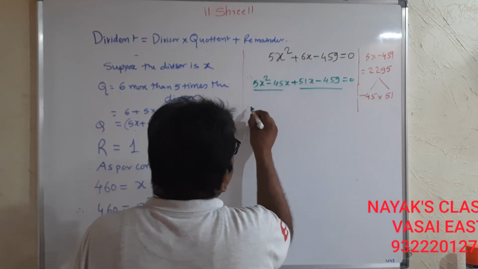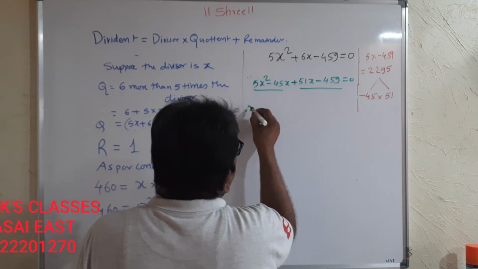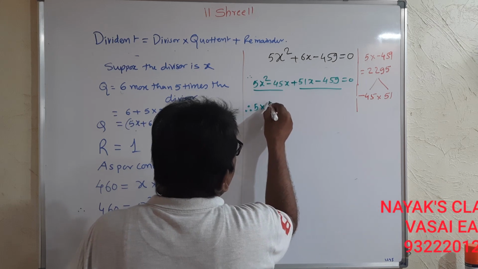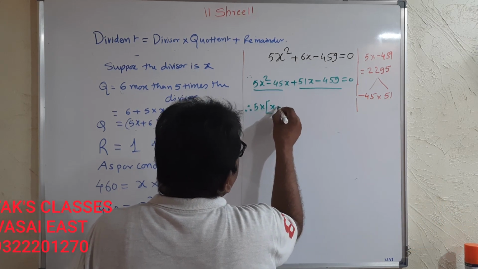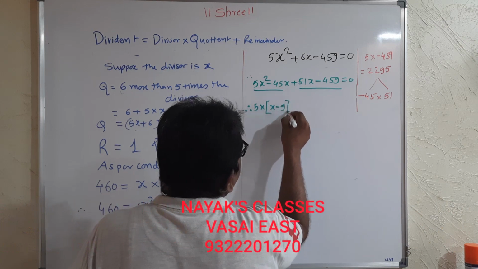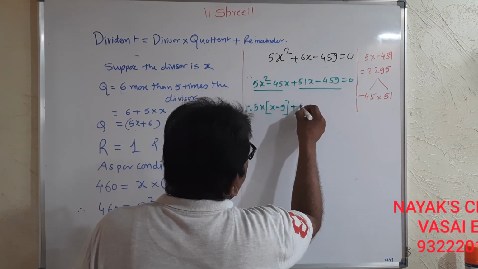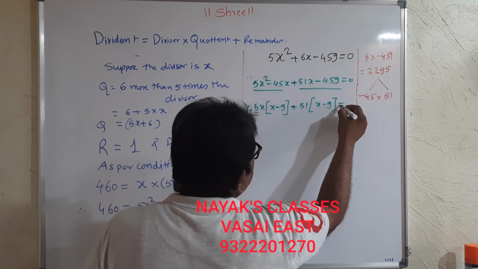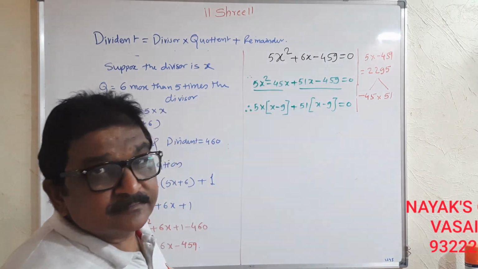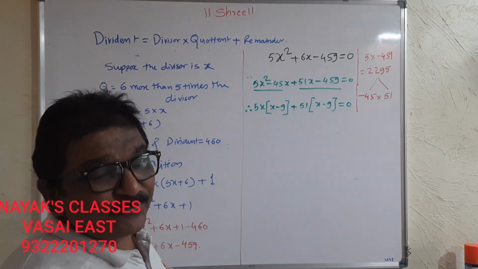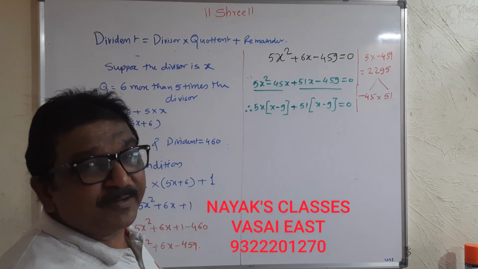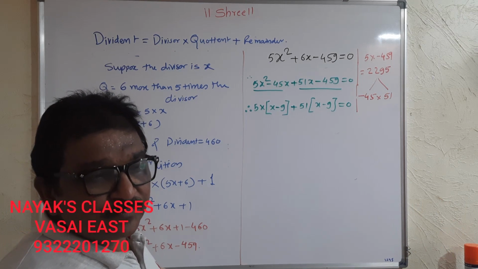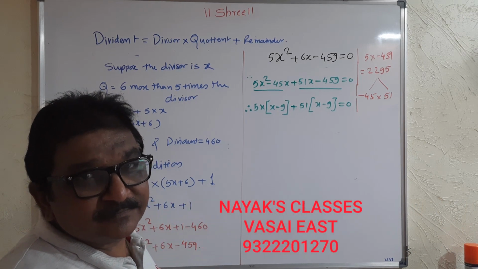Taking out the common factor is a somewhat tedious job, but you must do it very nicely. 5x into bracket x minus 9 and 51 into bracket x minus 9 is equal to 0. I told you, if your tables are perfect and your arithmetic power is good, then only you can get these things done.